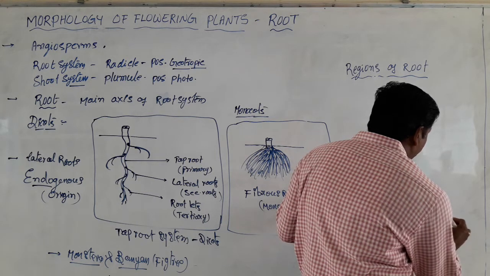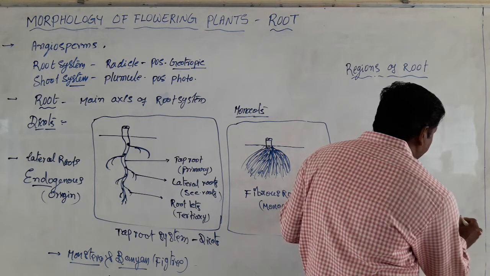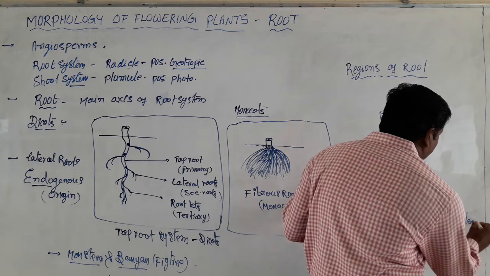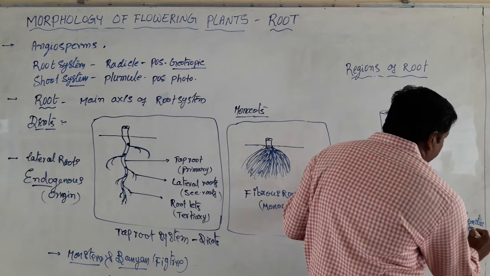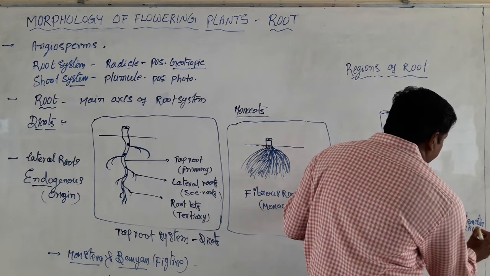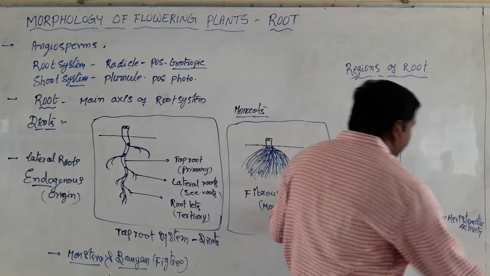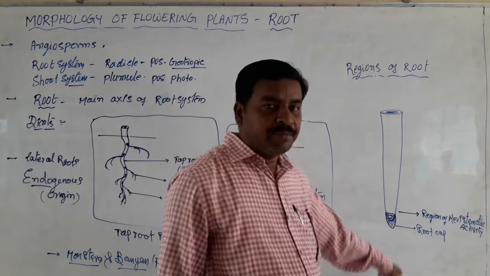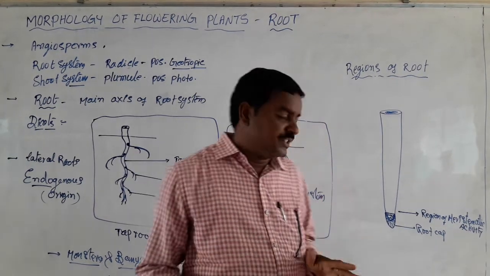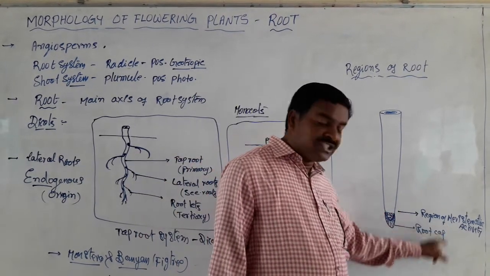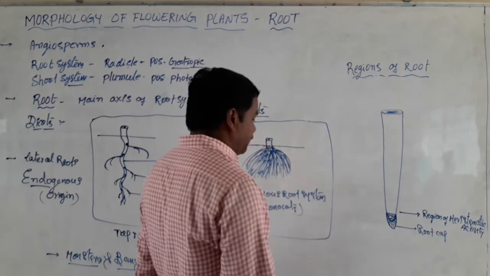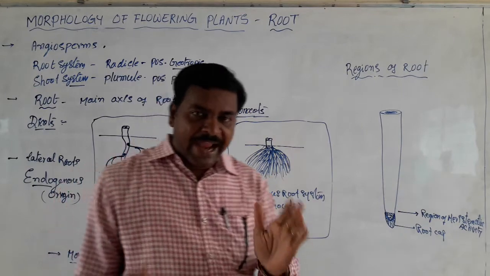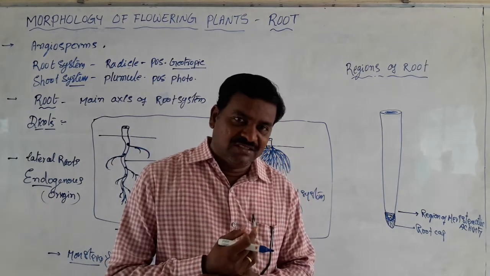So, a few millimeters above the root cap, there is a region that is called the region of meristematic activity. Such a region is represented by a number of actively dividing cells.